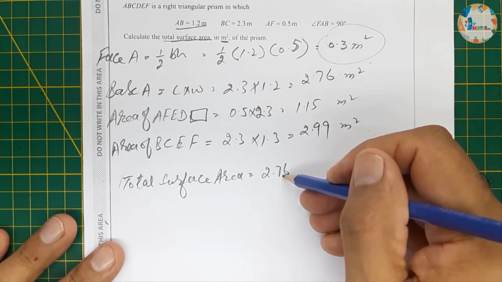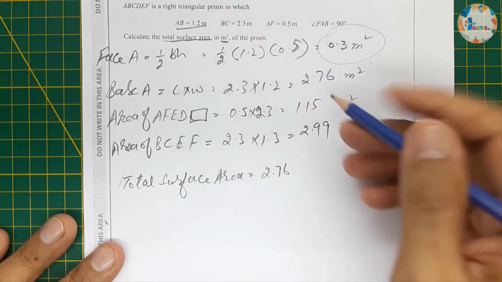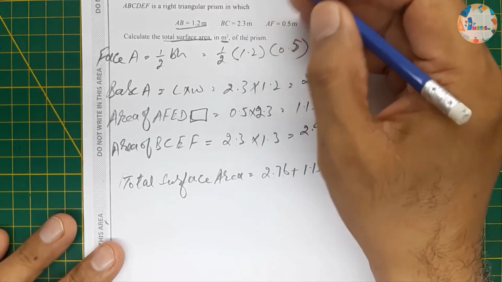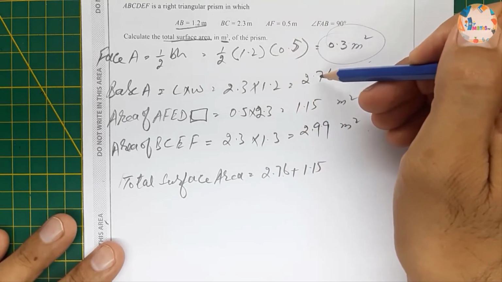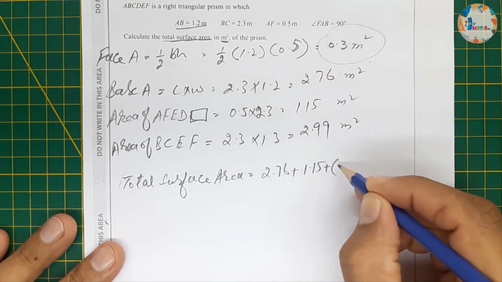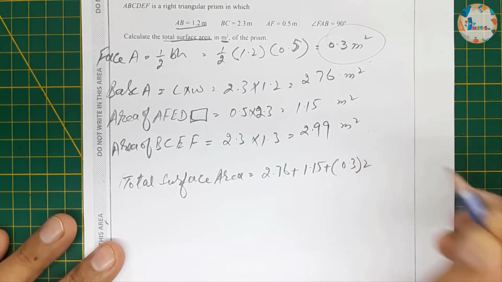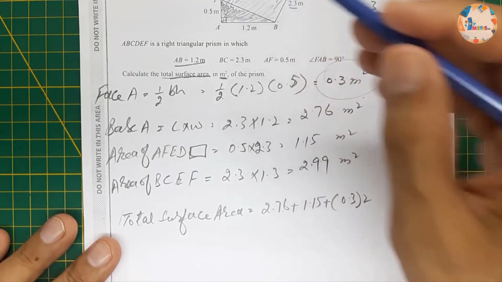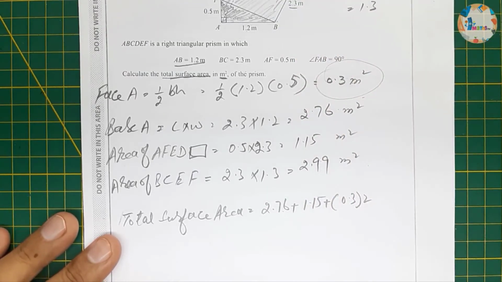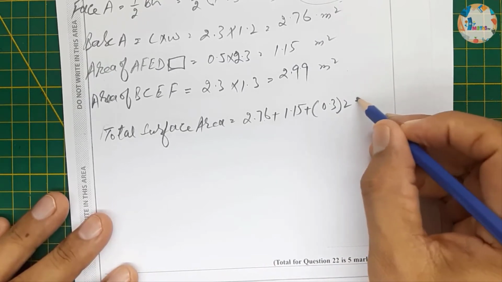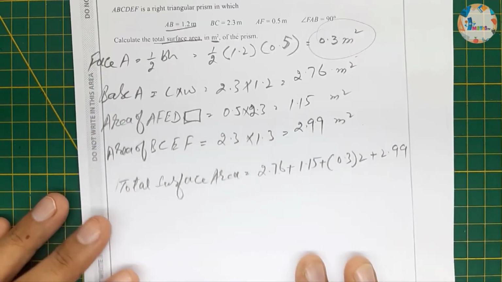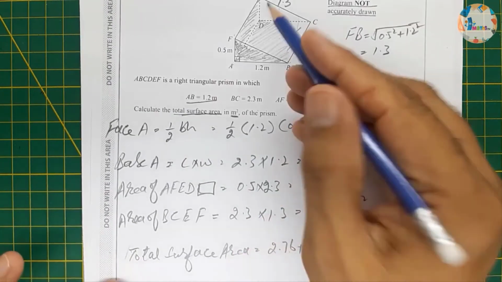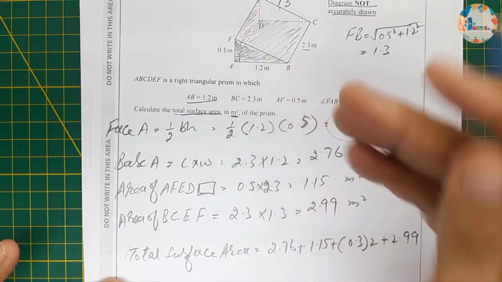Now we can take the rectangular area, which is the back side, added by 1.15. Then we will take two triangular areas which are sides, so plus 0.3 into 2. So we are done with these two triangular areas. Then we will be taking the slanting area, so that will be plus 2.99. So we have taken 1, 2, 3, 4 and the slanting 5 sides.